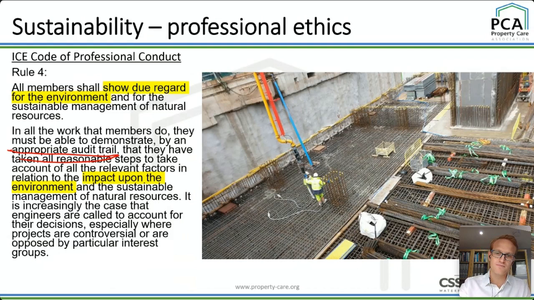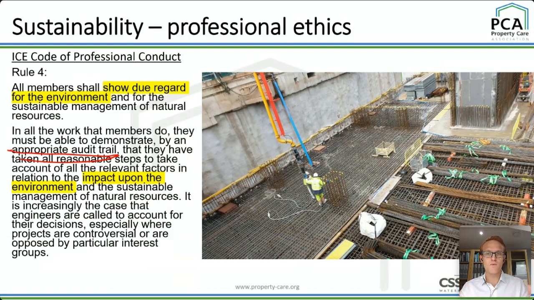I've put here a picture of a second-story basement. You can see all the steel reinforcing there. It's a 2-meter thick slab. Were the professionals involved seriously considering the impact on the environment? Could we have used less material? If the answer is we could have used less material, but we just didn't care, that's a breach of professional ethics, and that's a serious thing.